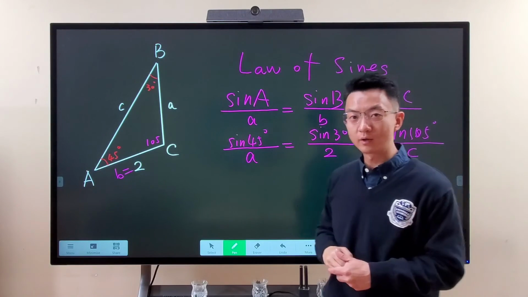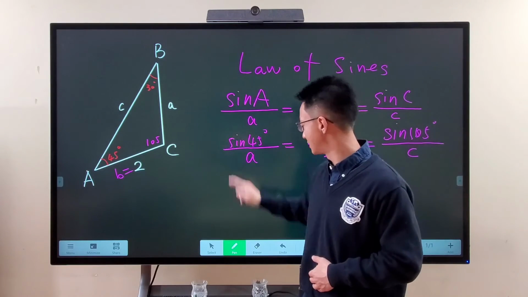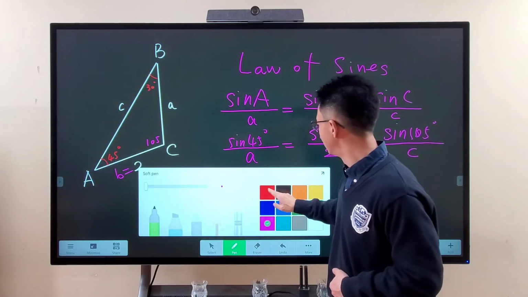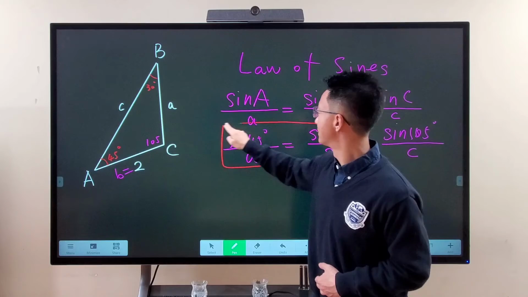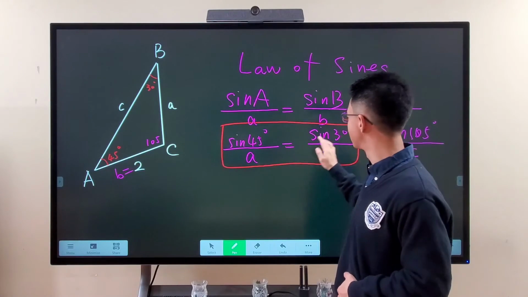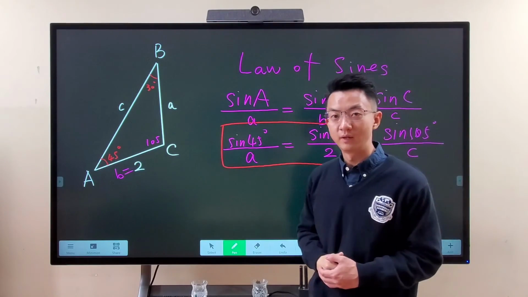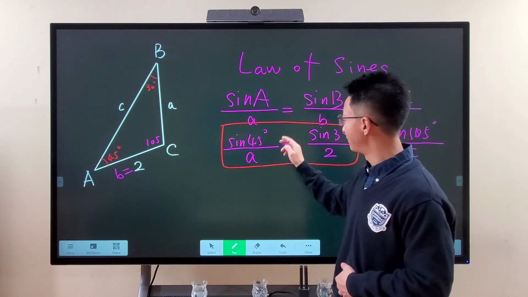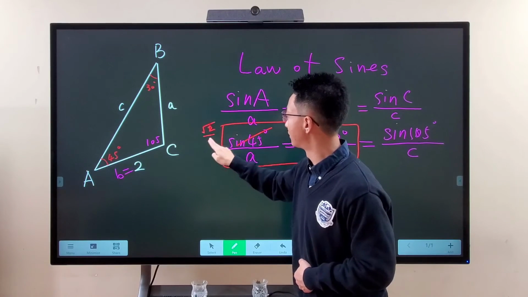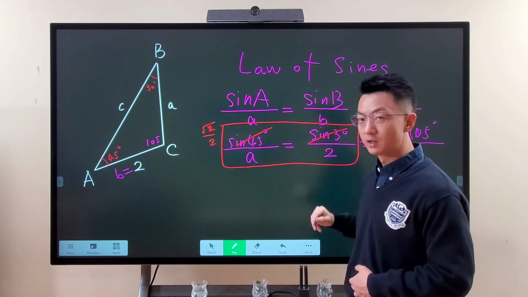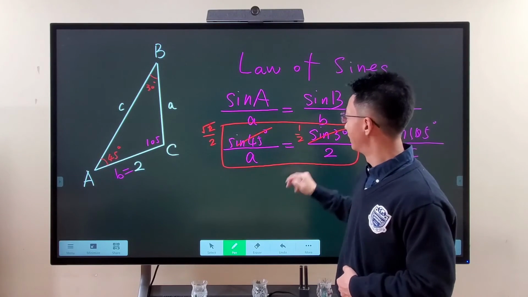Okay, so in order to figure out what a is, we can just use these two parts to create an equation here. Sine 45 degrees over a equals sine 30 over 2. As you know, sine 45 degrees equals root 2 over 2. Sine 30 equals 1 over 2.